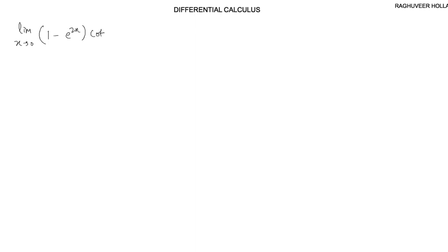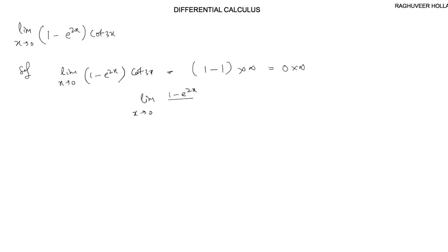Okay, let us look at another problem. Limit x tends to 0, 1 minus e to the power of 2x, times the mod of 3x. Now as x tends to 0, this is 1 minus 1 multiplied by infinity, which is a 0 multiplied by infinity form, which is indeterminate.